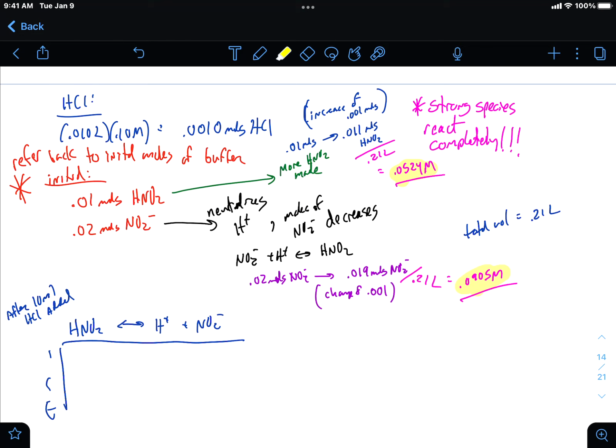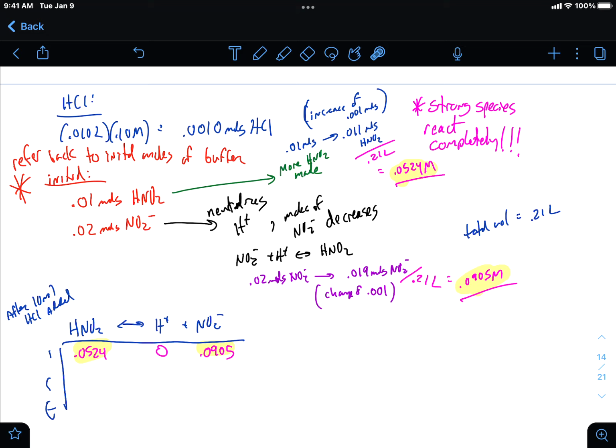So we will plug them in. And the way that we calculate these, because we have completely reacted the strong species, we reset the H plus concentration to be 0. We reset it because we're starting from the initial moles.